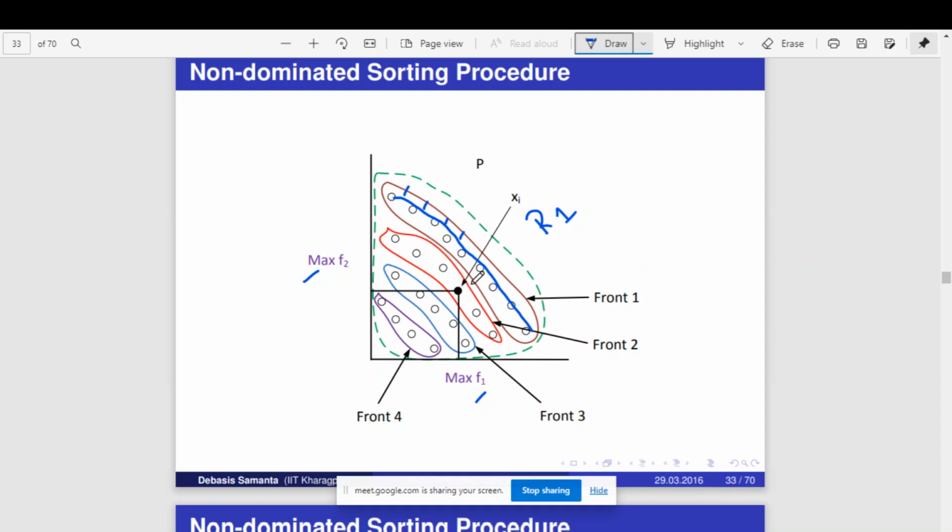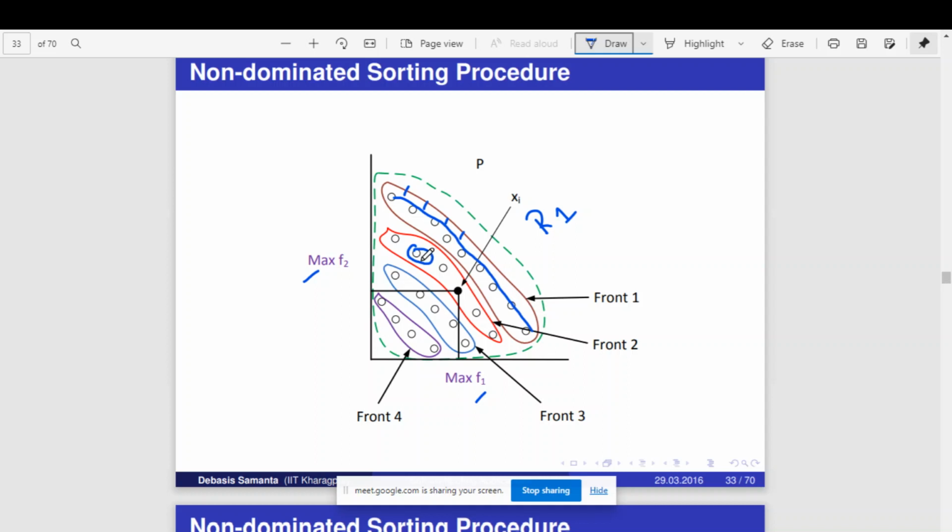How will you calculate the rank? Say I want to calculate the rank of this individual. You have to identify the set of solutions which dominate this solution.